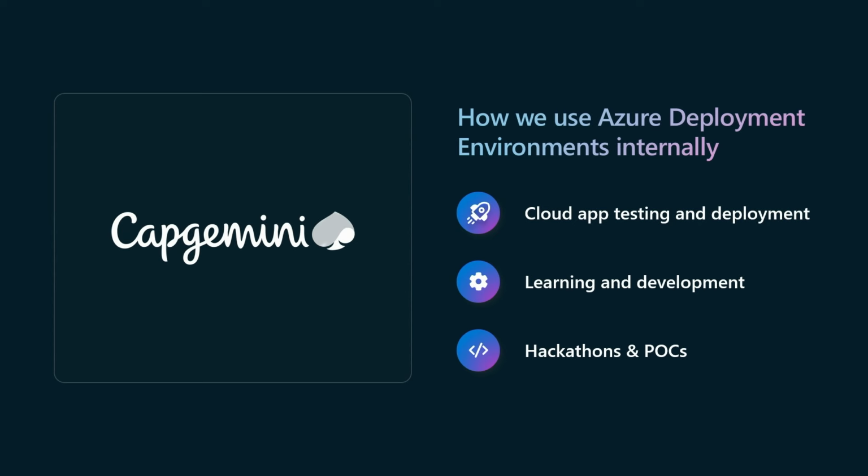We are running hackathons with Azure Deployment Environments, so provisioning those environments for teams so that they can start playing, start experimenting around new technologies and new capabilities. Definitely, proof of concepts is also part of that. Demos, we are using Azure Deployment Environments for everything.